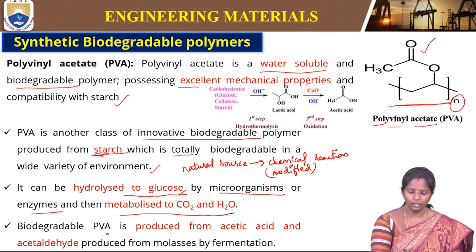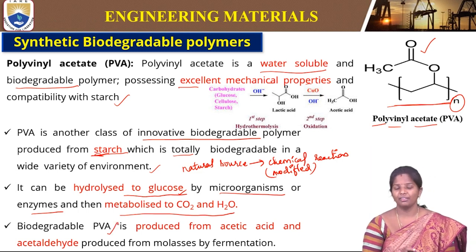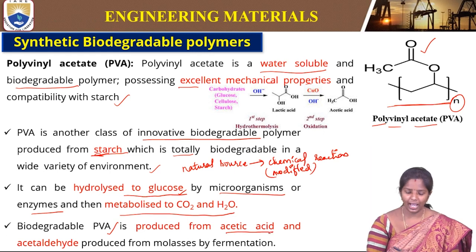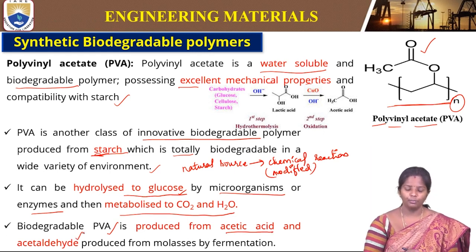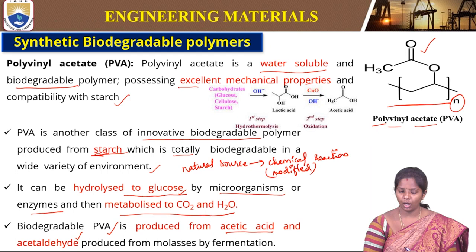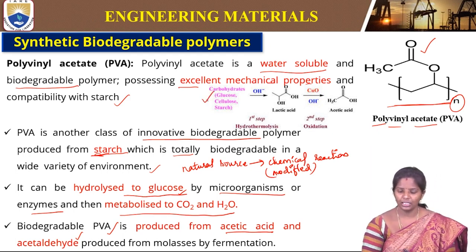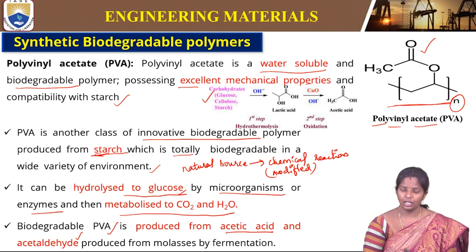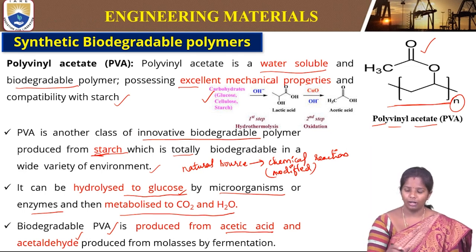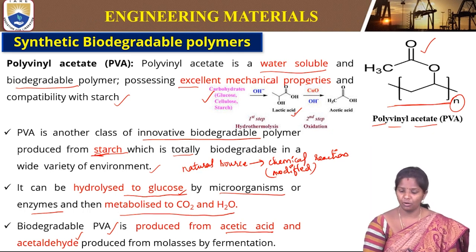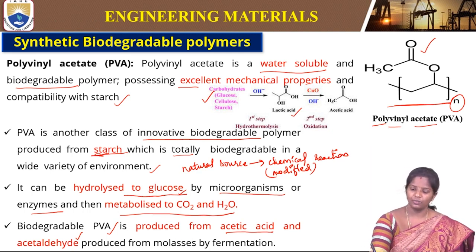So how is polyvinyl acetate manufactured or produced? It is produced from acetic acid and acetaldehyde produced from molasses. So how is it? For example, starch or carbohydrates like glucose, cellulose or starch on hydrolysis will form lactic acid, and in the second step, on oxidation with copper oxide, it gives acetic acid.